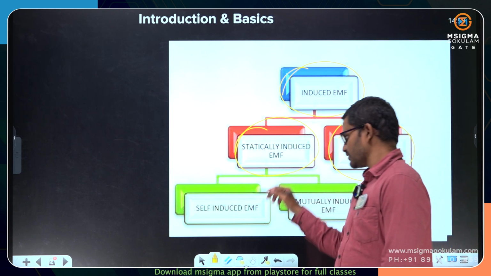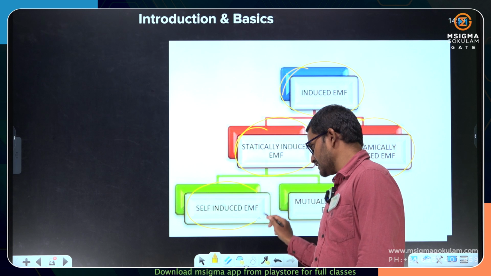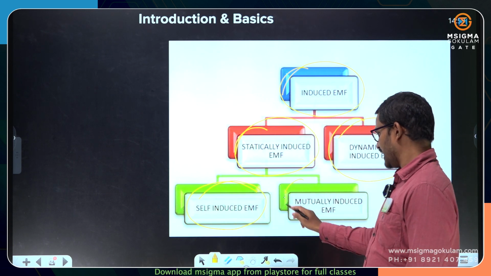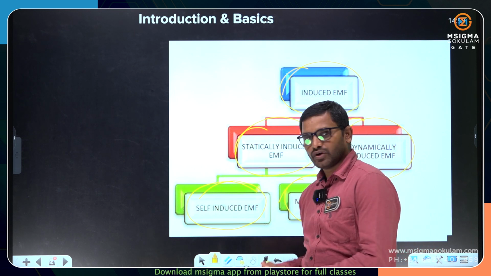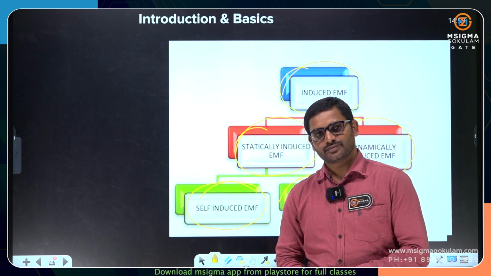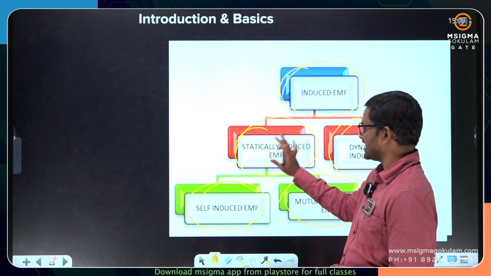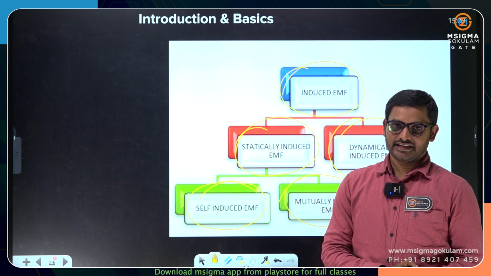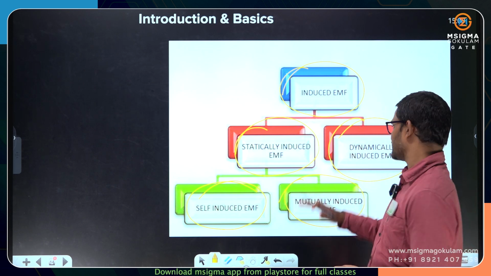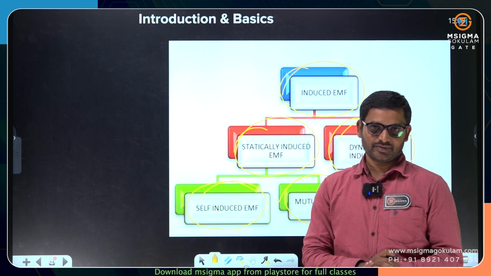In the stationary induced EMF, we will be getting self-induced EMF and mutual induced EMF. As I am going to discuss transformers first, I will be discussing stationary induced EMF, and in the rotating machines, that is DC machines or induction machines, there I will be discussing dynamically induced EMF.